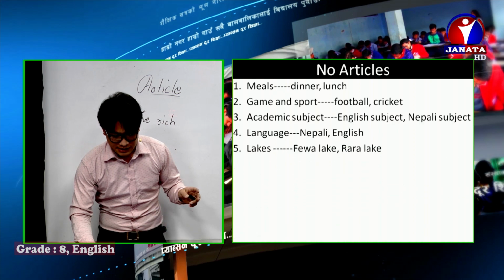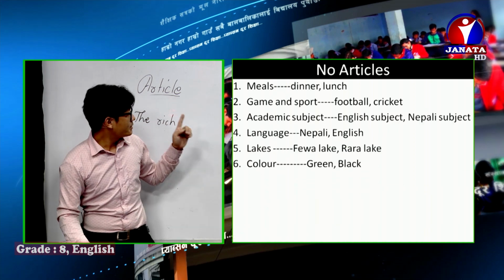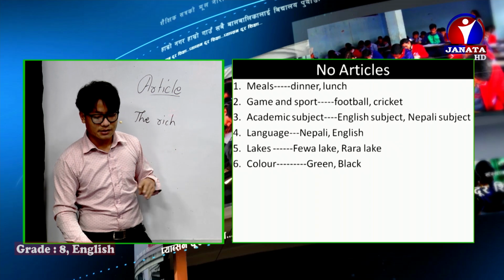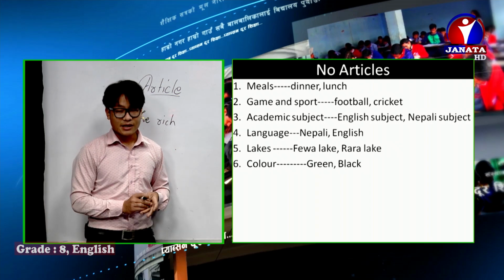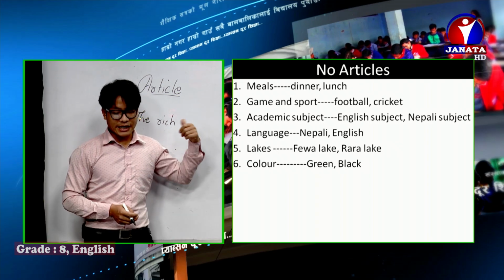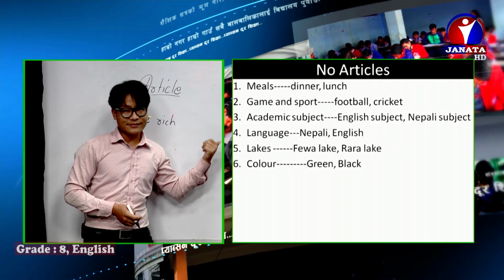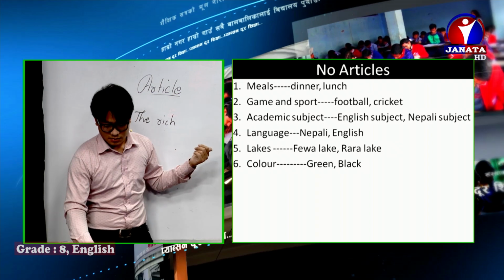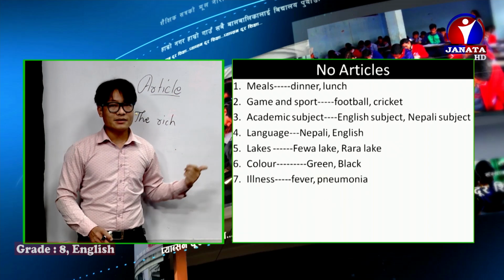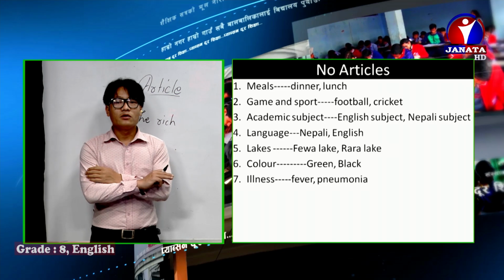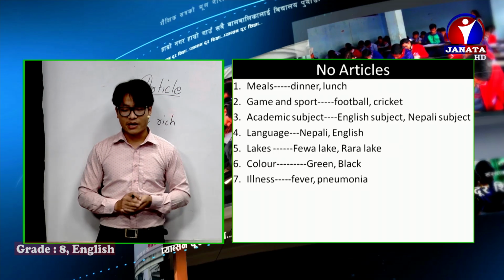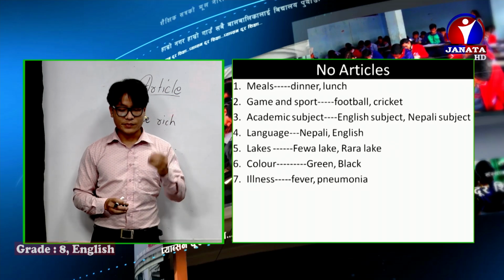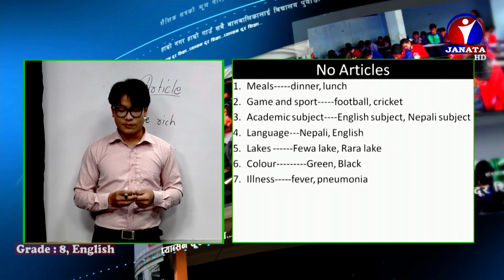So you can see these nouns which do not take an article: a meal, game and sport, academic subject, language, lake, color, and illness. These are the nouns which do not take any article. So meal, lunch, football, cricket.